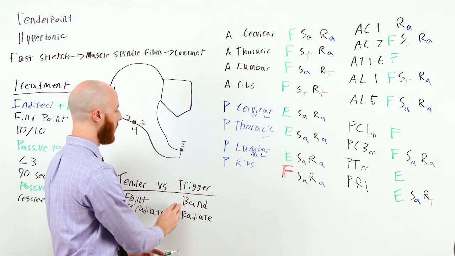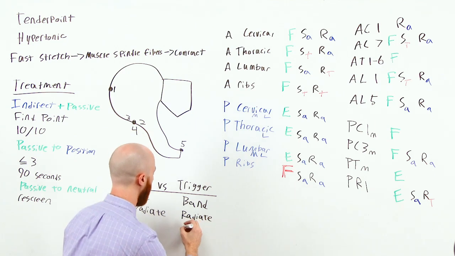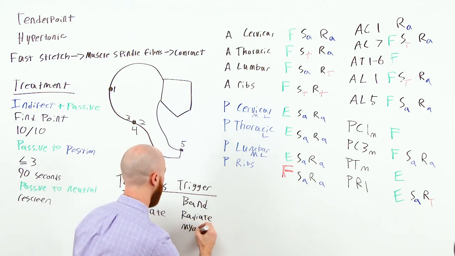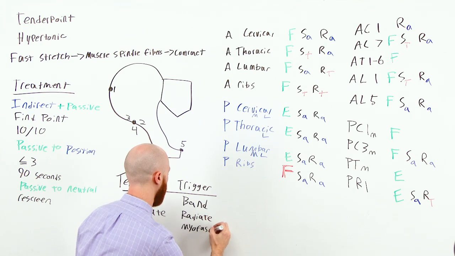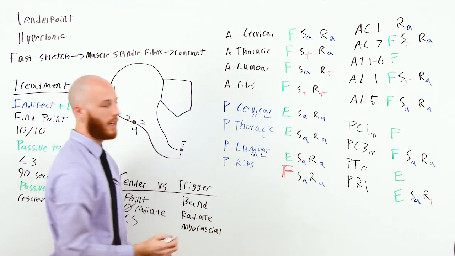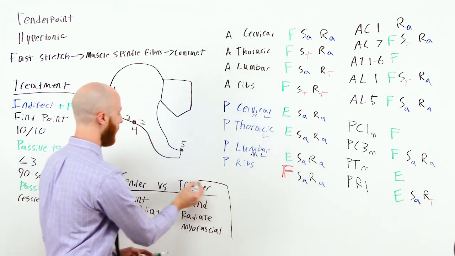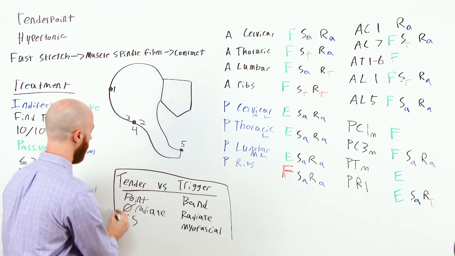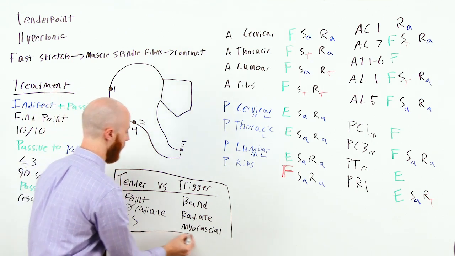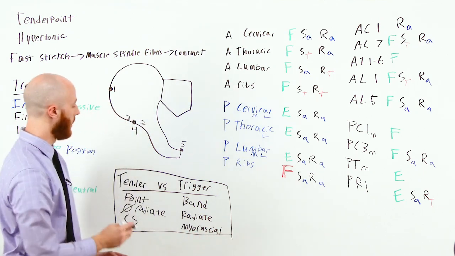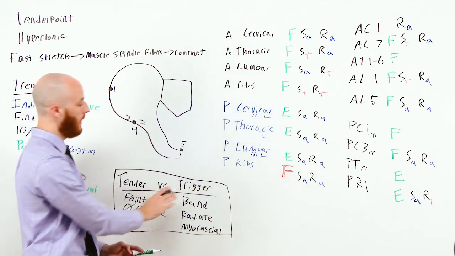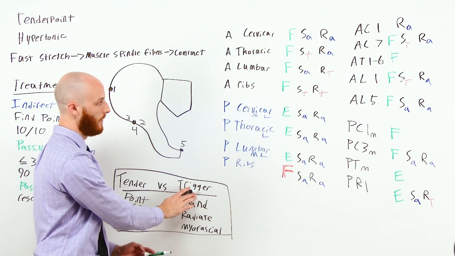And when you find a trigger band, you're going to treat it with myofascial, which we will discuss in one of the next lectures. So completely different than the rest of the lecture and doesn't help with counterstrain, but still very important to know the difference between a tender point and a trigger band.